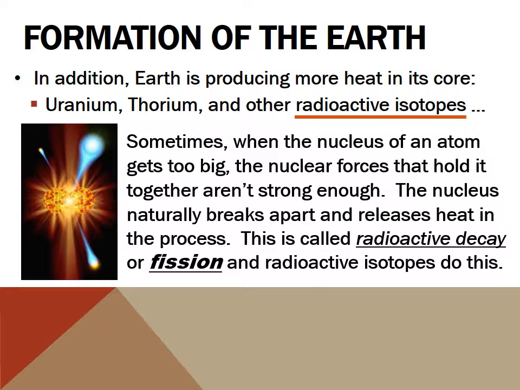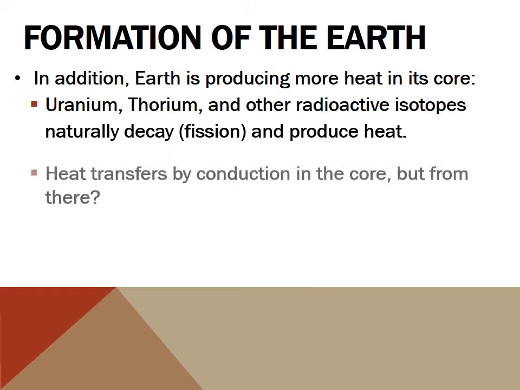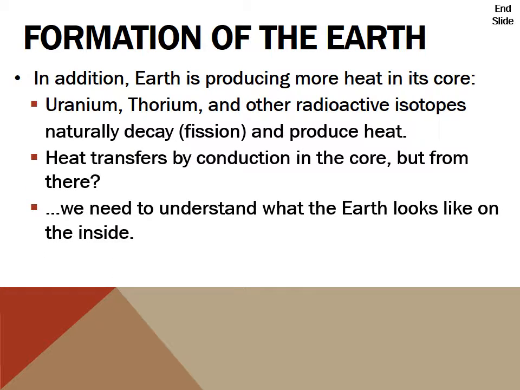So, in the formation of the Earth, these elements like uranium and thorium and other things went towards the center, and they are naturally going through nuclear fission and creating heat in the process. So uranium, thorium, and other radioactive isotopes naturally decay, which is called fission, and they produce heat in that process. Now the heat transfers by conduction in the core, but from there, where does it go?